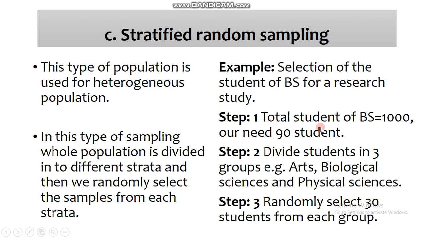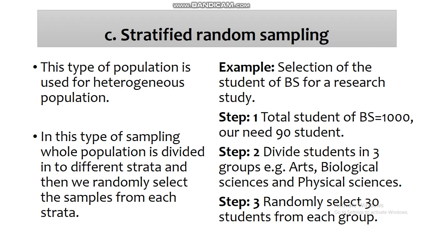First of all, suppose the total population of students is 100. We need only 90 students. Then in stratified random sampling, we divide the students into three groups. First is arts, second is biological sciences, and third is physical sciences. Now we randomly select 30 students from each group. It is just like random sampling, but in random sampling we select students from the whole population, while in stratified random sampling we select 30 students from each group.